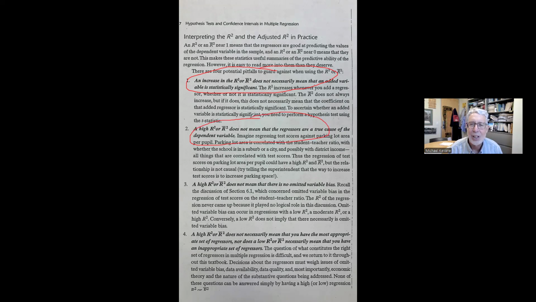A high R squared doesn't necessarily imply a causal relationship. A high R squared doesn't mean that there are no confounders. There could well be confounders. And a high R squared doesn't mean you have the best regression, or a low R squared doesn't mean you have a bad regression.